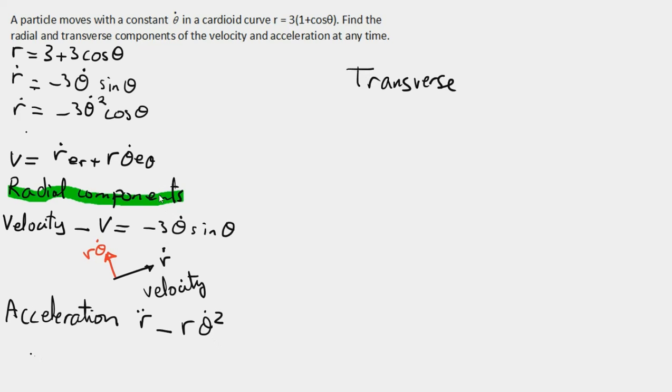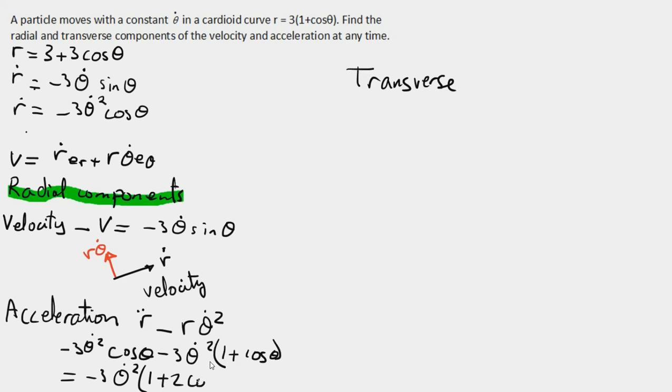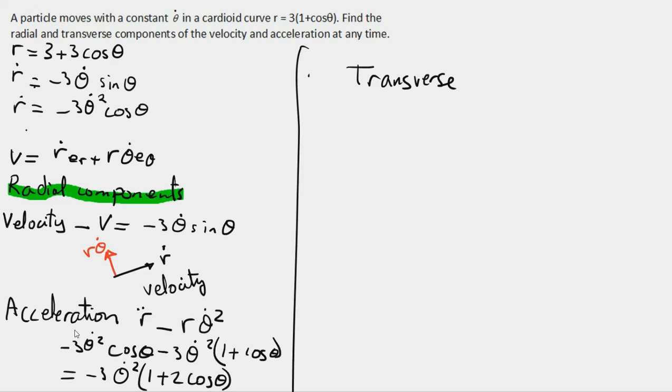And if we substitute r double dot into this, we substitute it down here, minus r, which is 3 plus 3 cosine theta multiplied by theta dot square, gives me this. So this is the radial acceleration given here.